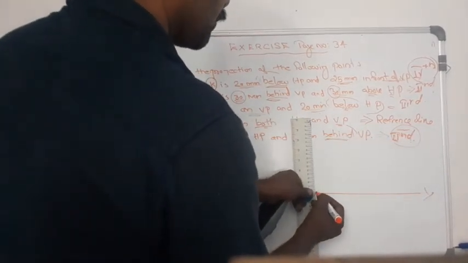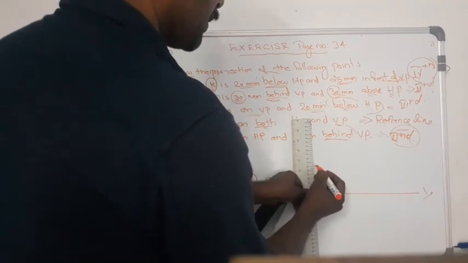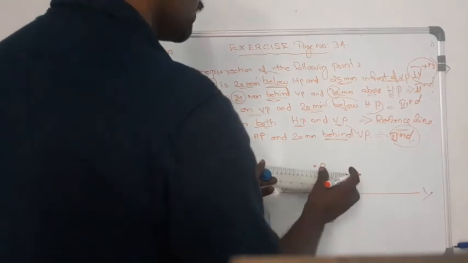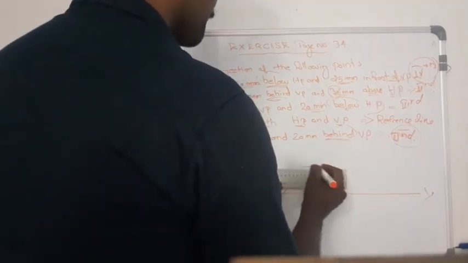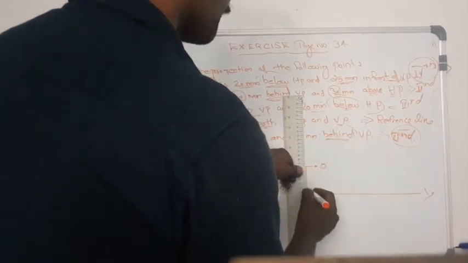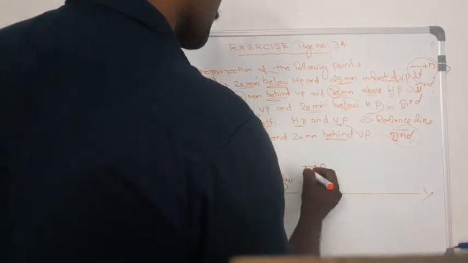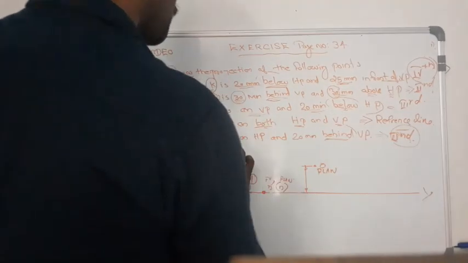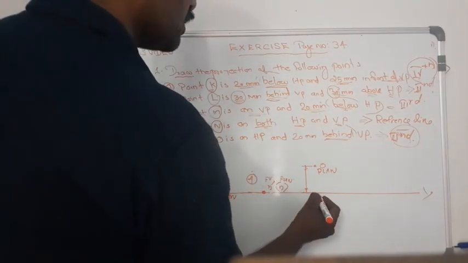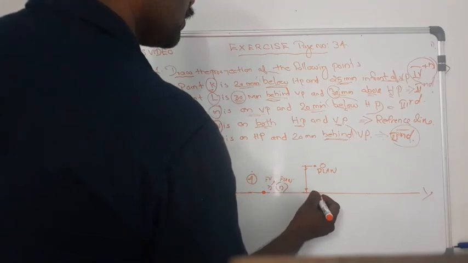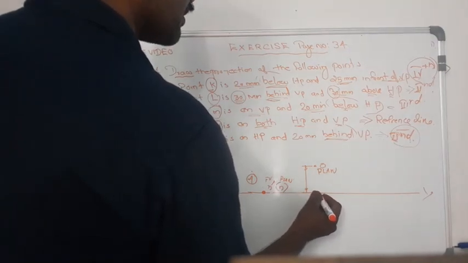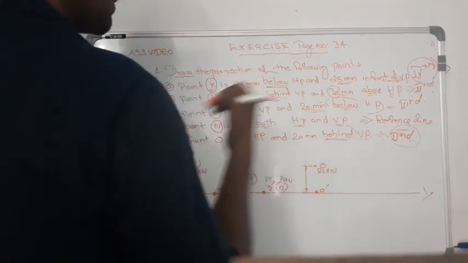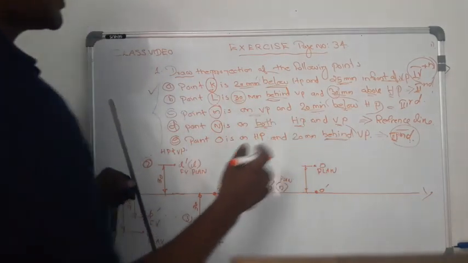So we put a point here keeping 20 mm distance, denoted by the letter o, because we have to draw its plan. This is the plan, and the o is on HP, so the front view is on the reference line. This is o dash. Okay. Now we have to complete our answer.